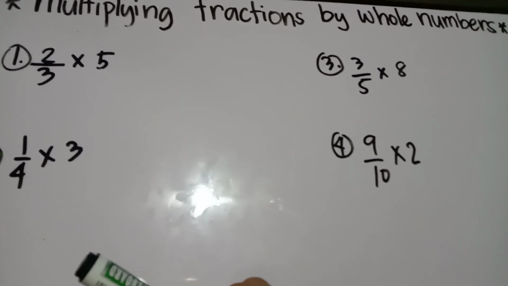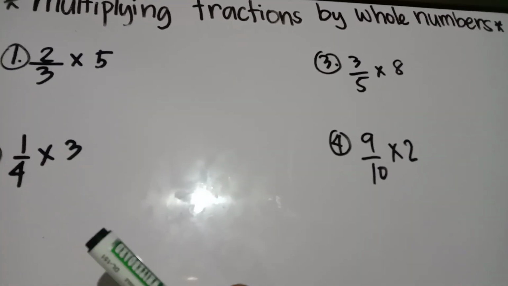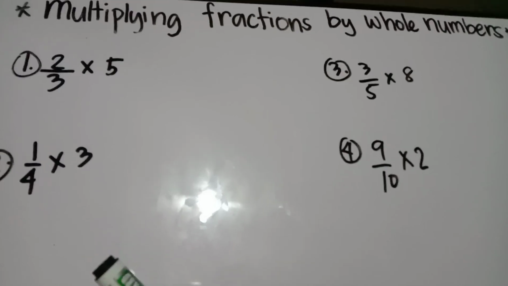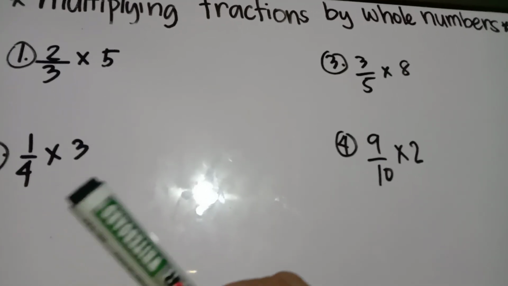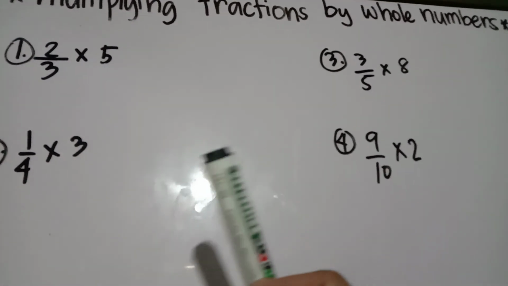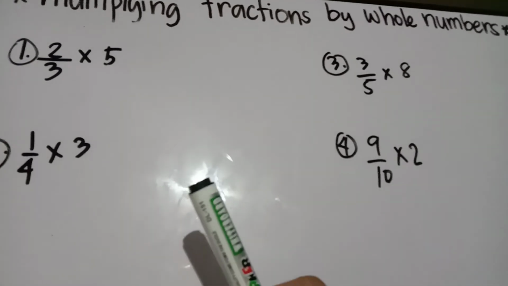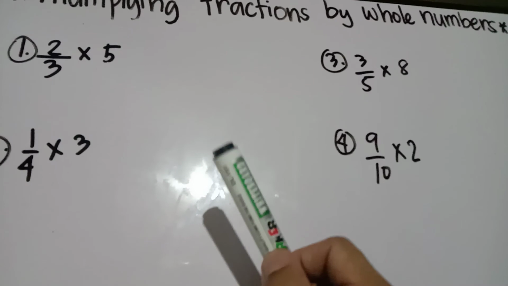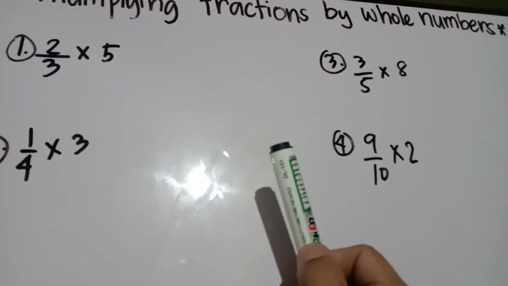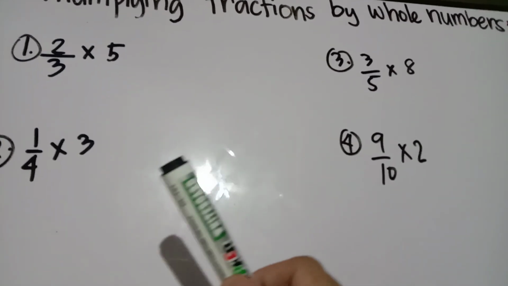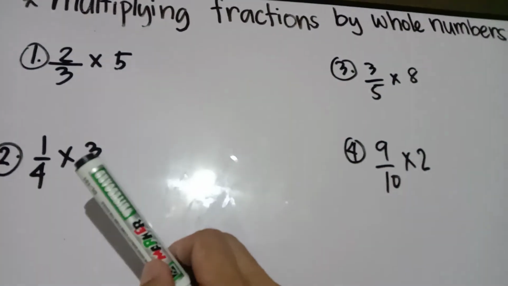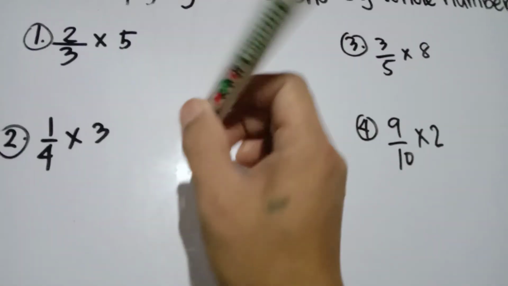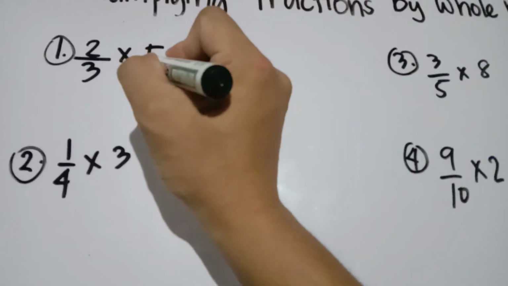Okay, in my previous video, na-mention ko, nasabi ko na maaari lamang tayong mag-multiply ng fraction by another fraction. Now, kung yung isang given ay mixed number, we need to change the mixed number to improper fraction. But this time, yung given is whole number. So, ang gagawin natin dito is gagawin nating fraction si whole number.